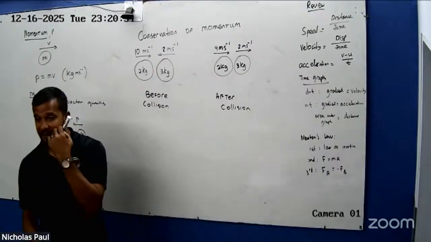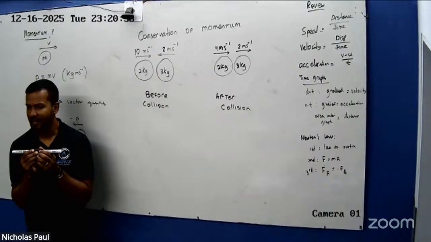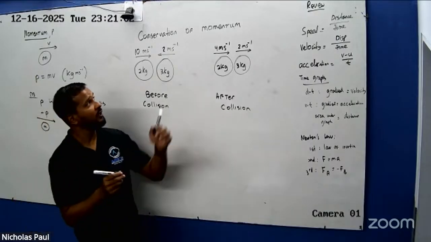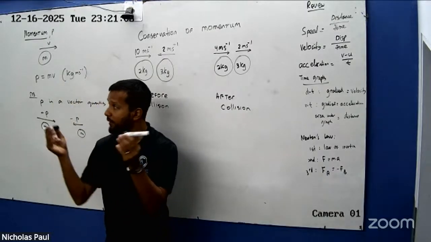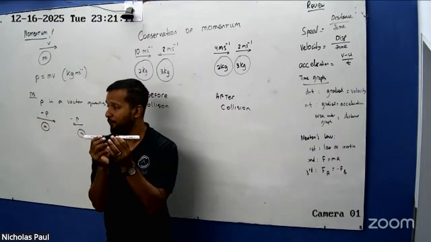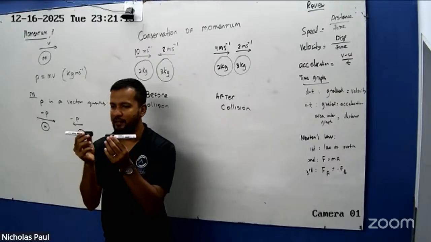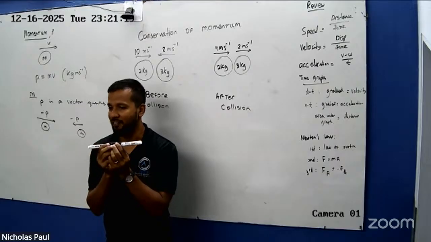Now there's a next law called conservation of momentum. You've heard about conservation of energy? Energy can neither be created nor destroyed, and similarly there's something called conservation of momentum. If you have two objects moving in opposite directions and they collide, here's what the law says: the momentum before they collide will be equal to the momentum after they collide.